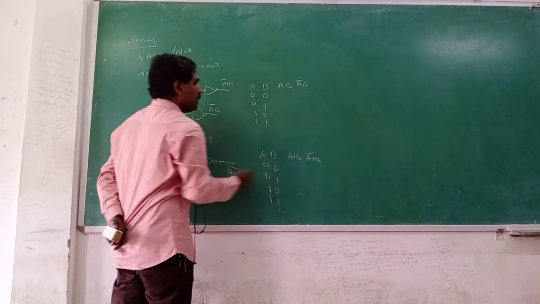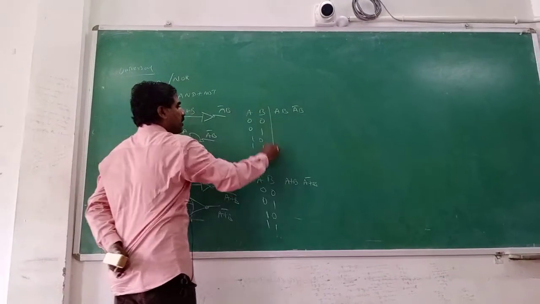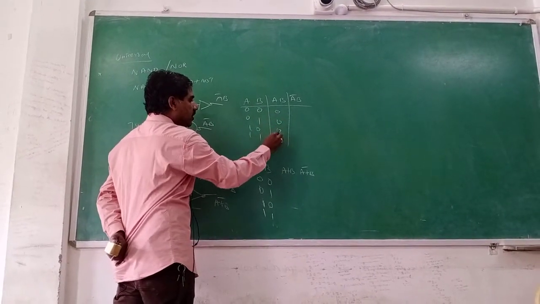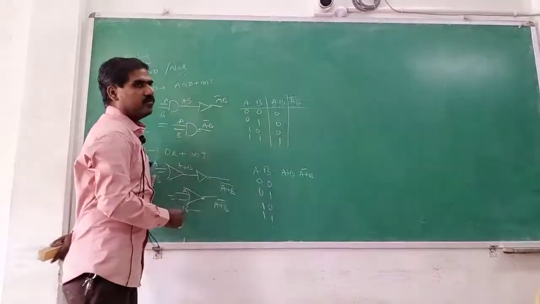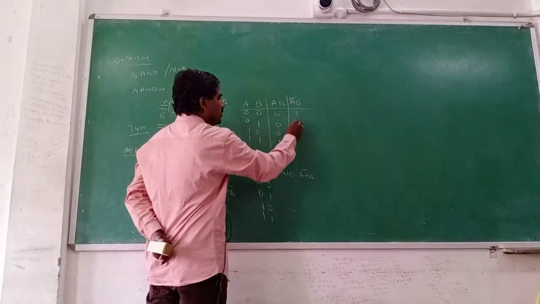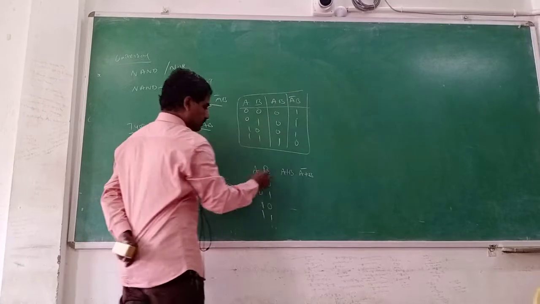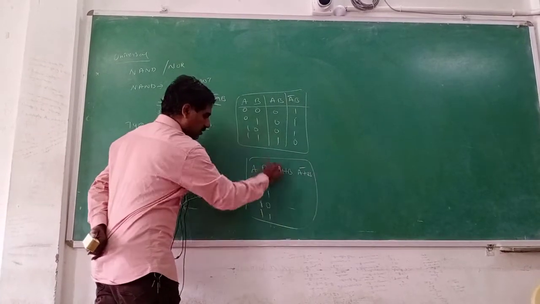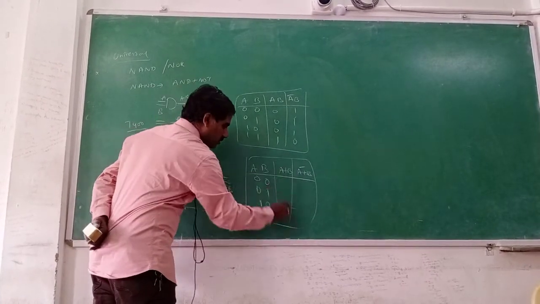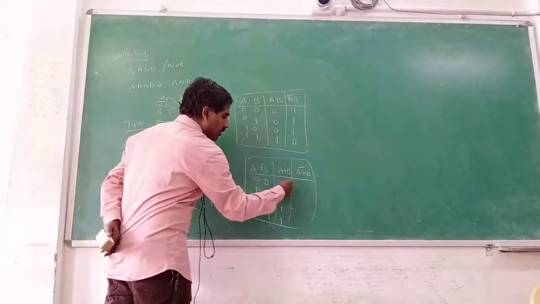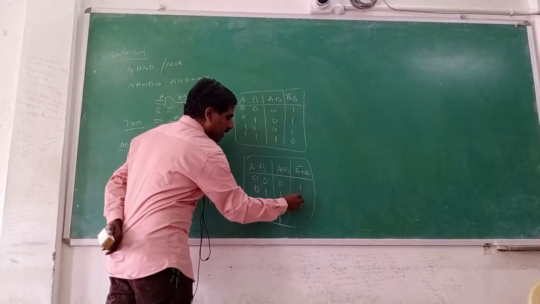Okay, 0 into 0, 0, 0 into 1, 0, 1 into 0, 0, 1 into 1, 1. You complement the product, simply 1, 1, 1, 0. Again, 0 plus 0, 0, 0 plus 1, 1, 1 plus 0, 1, 1 plus 1, 1. You complement the previous. Okay.